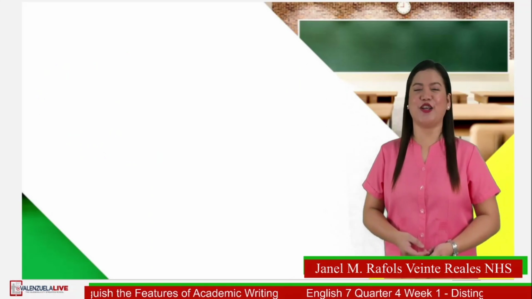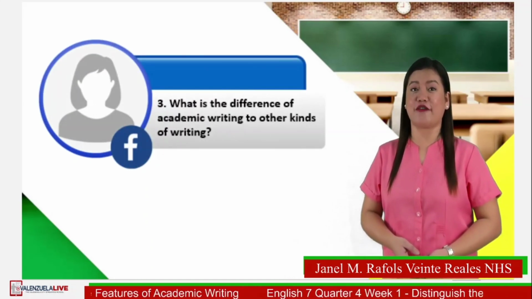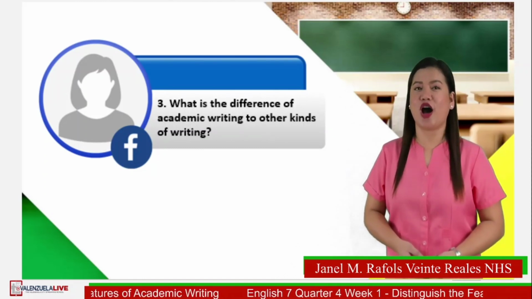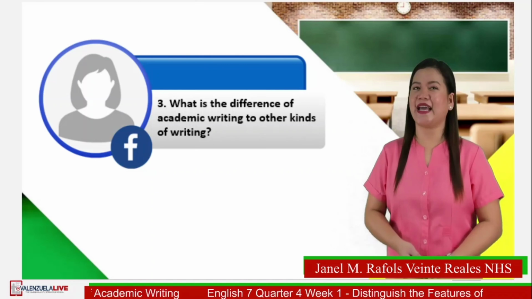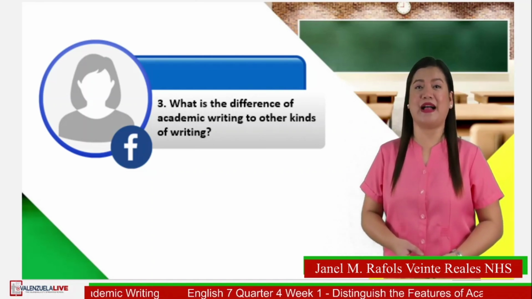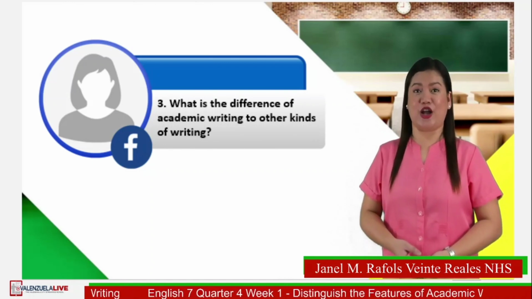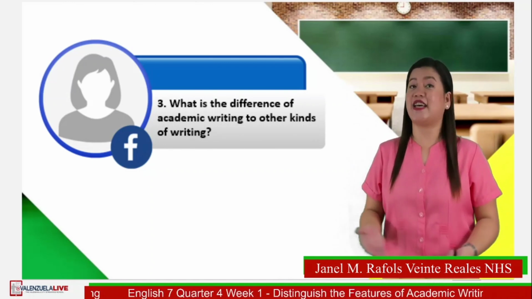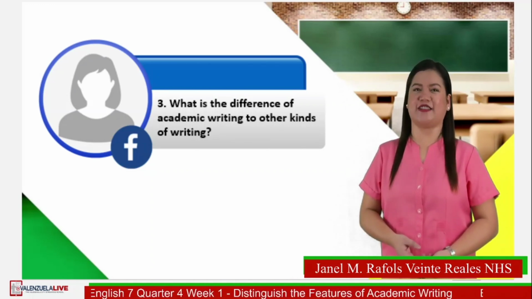Let's have now the third question. What is the difference of academic writing to other kinds of writing? So first, academic writing is a formal type of writing. Figurative writing or personal writing does not have to be formal, and oftentimes it's not.